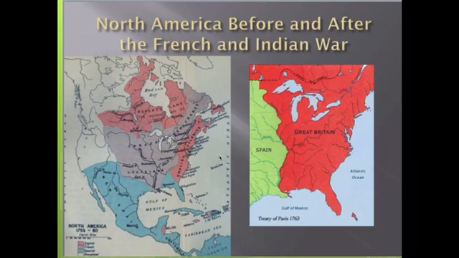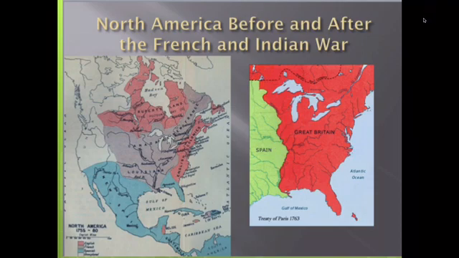If we look at this map here on the right, we can see now Great Britain's land stretches not only right here in our original 13 colonies, but all the way to, what is this right here? Oh, the Mississippi River. Very good. So now Great Britain is going to control all of the land from the Atlantic Ocean to the Mississippi River, and Spain is going to be controlling the land right here.